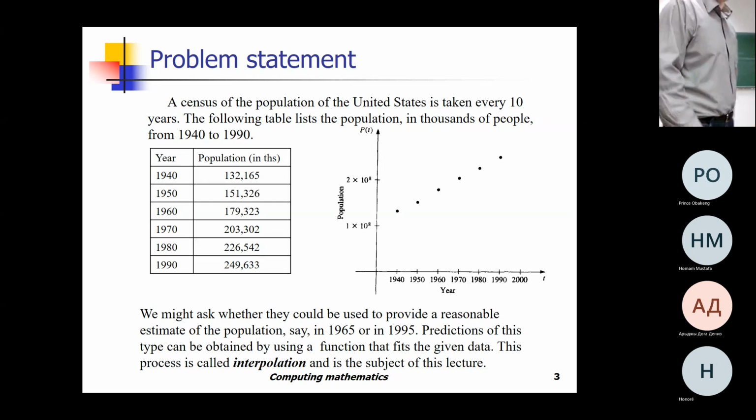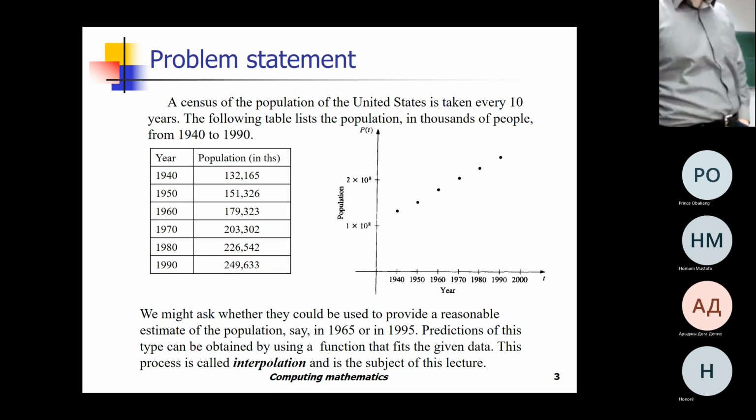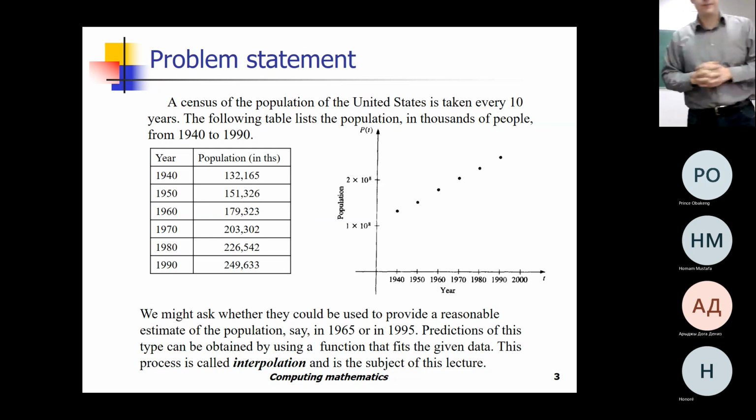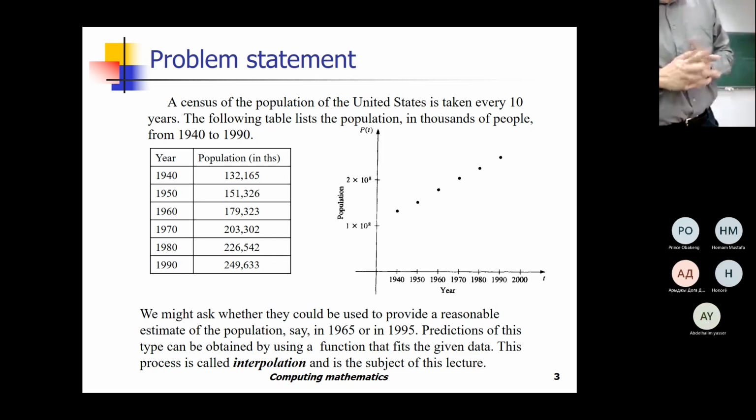Here in this table, you can see the population in United States of America. That was fixed in 1940, 1950, 1960, and so on. So this table lists the population in thousands of people.